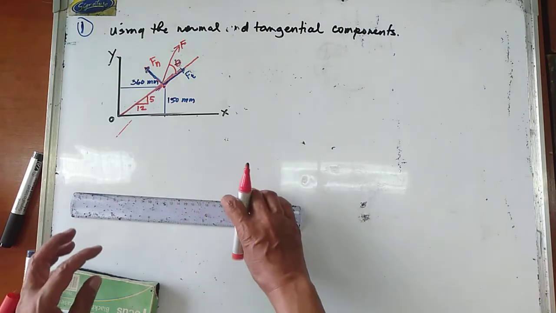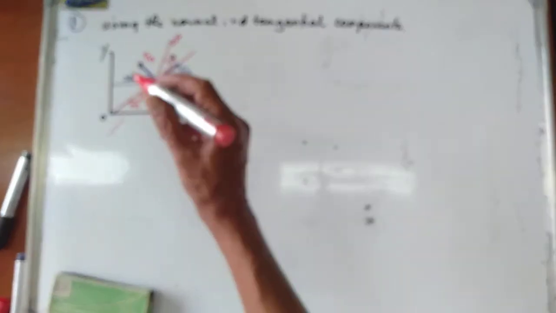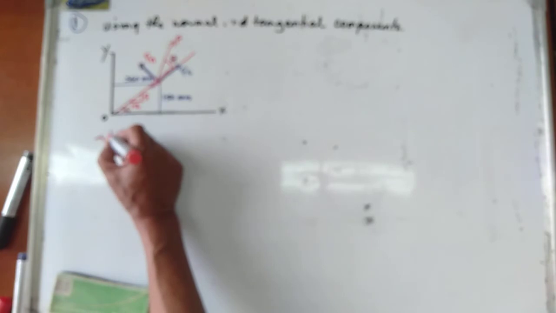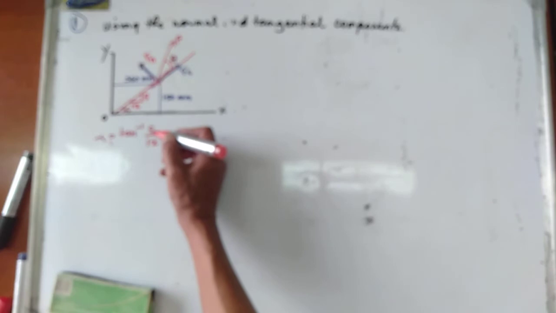Now, let us try to consider that this angle in here is alpha. So if you try to get now your alpha, this is equal to the arc tangent of 5 over 12.